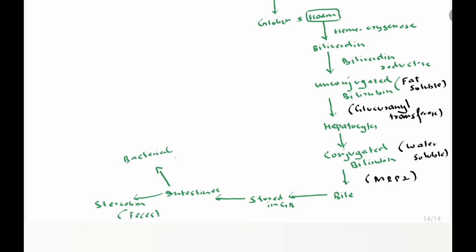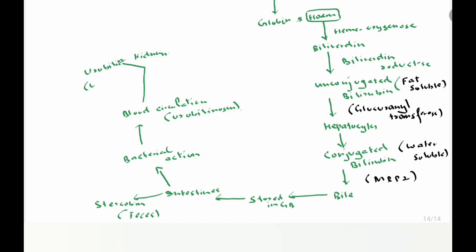From the blood circulation, it goes to kidneys and is either excreted in the form of urobilin or it goes to enterohepatic circulation. And it goes back to hepatocytes and is conjugated inside the hepatocytes.